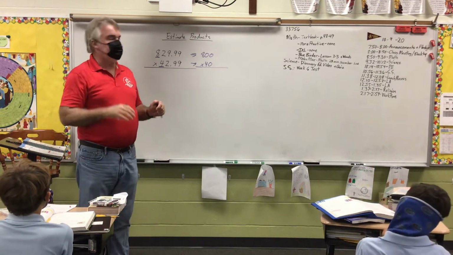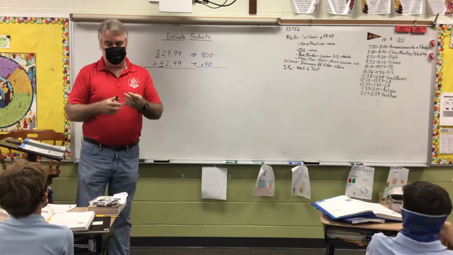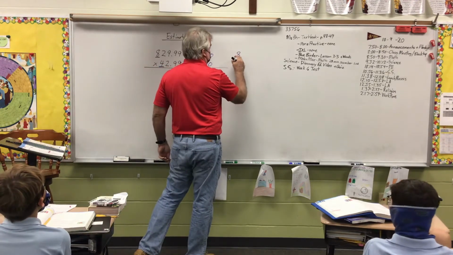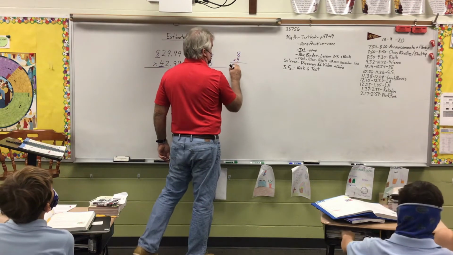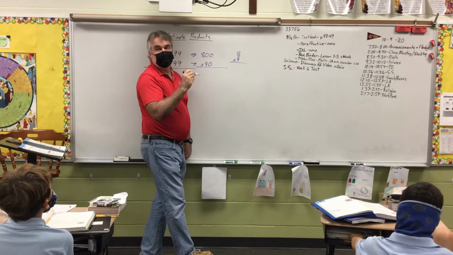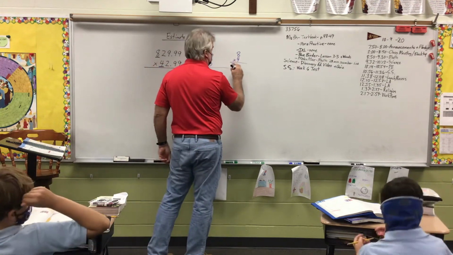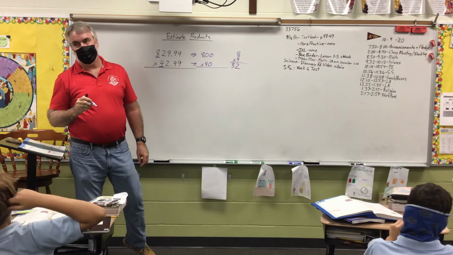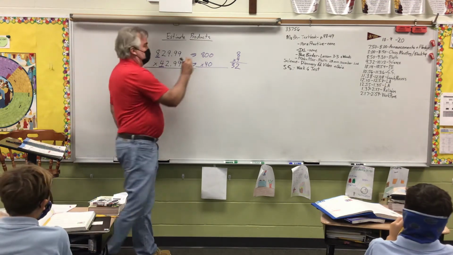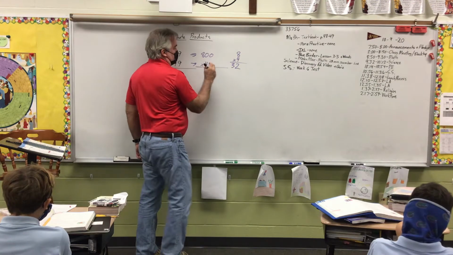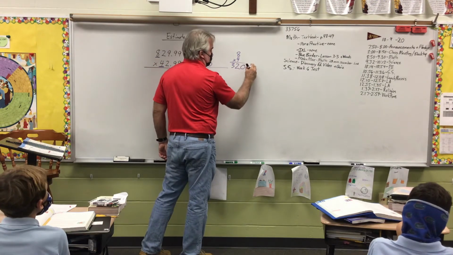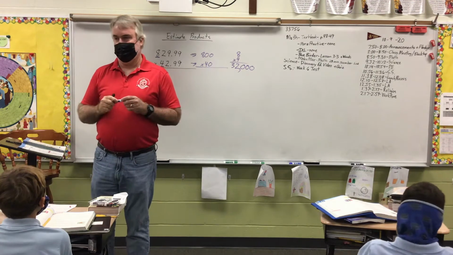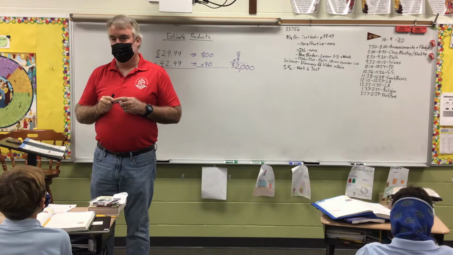Ariana, what is the basic fact that I'm wanting to multiply? 8 times 4. Is what? 32. Now, how many zeros do I have, Ariana? 3. 1, 2, 3. And that is it. Really? That was just it? That's it.